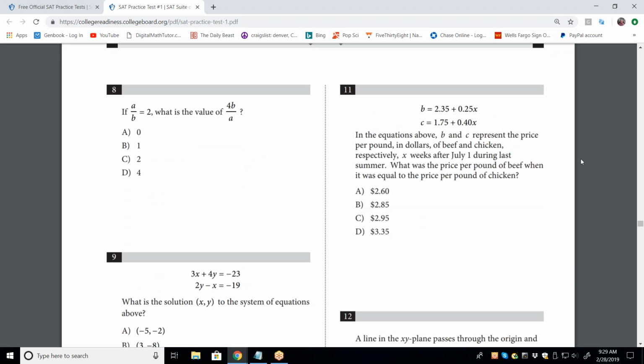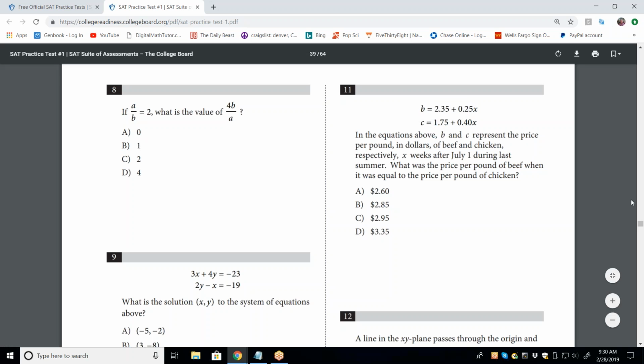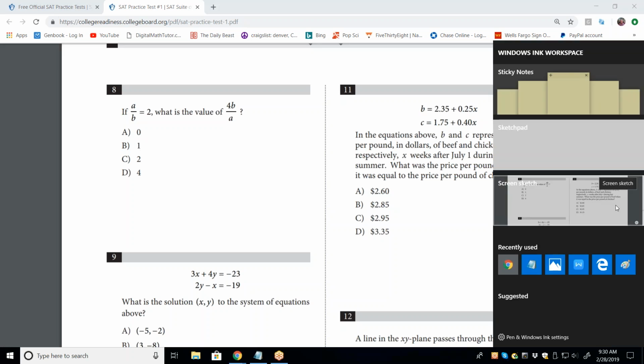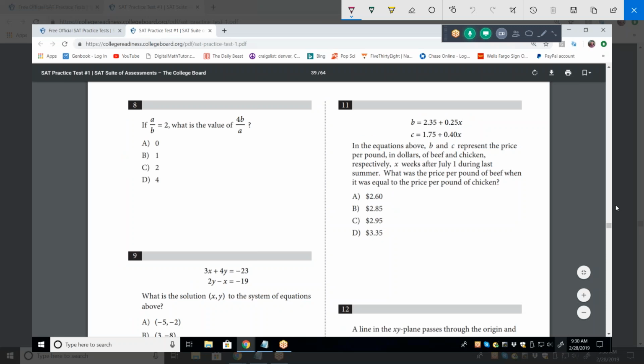Okay, here we also have 2 equations that are in y equals b plus mx format. Notice, in other words, that y equals x plus b. Doesn't matter. Same thing.